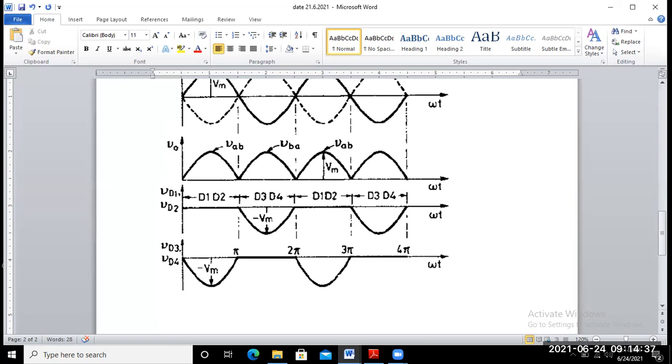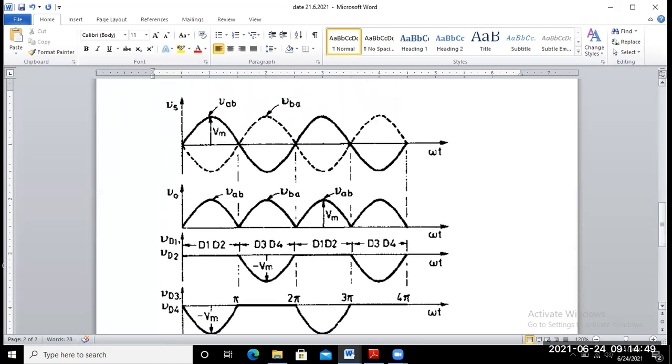Now we want to find the average output voltage of this waveform. So how can we find the average output value? I have already explained the half wave case.